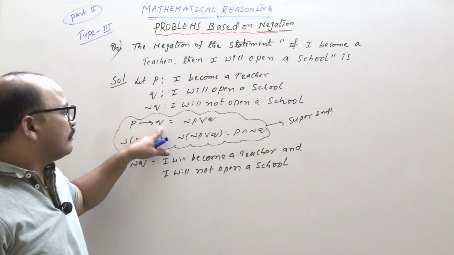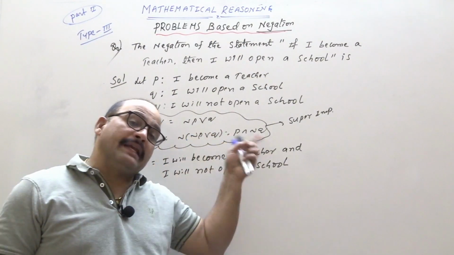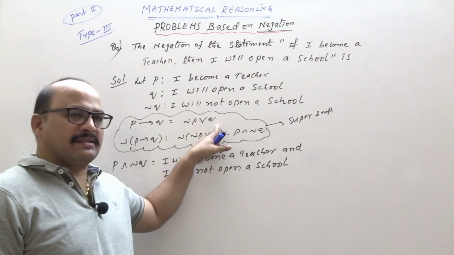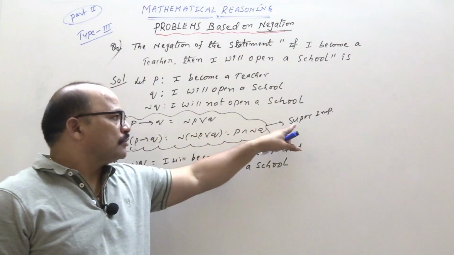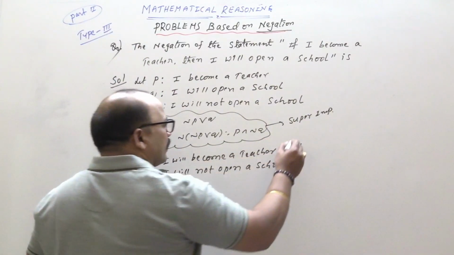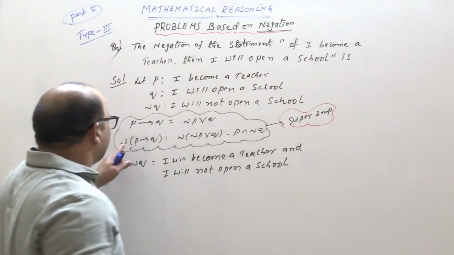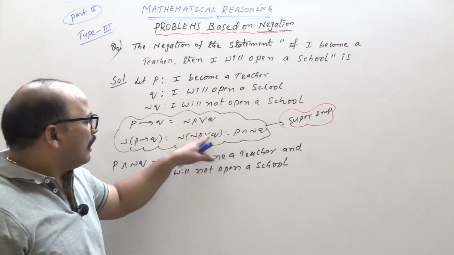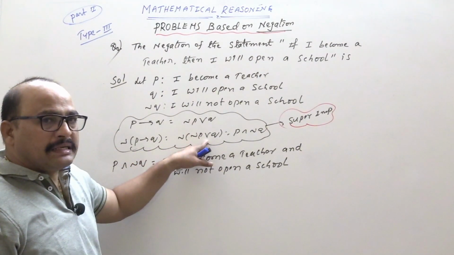P implies Q is equivalent to negation P or Q. Remember this, my humble request, students. Super important. Now negation of P implies Q is negation of negation P or Q. Again I am going to apply that De Morgan law.